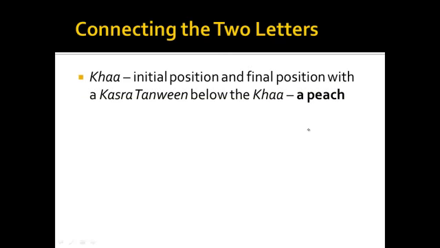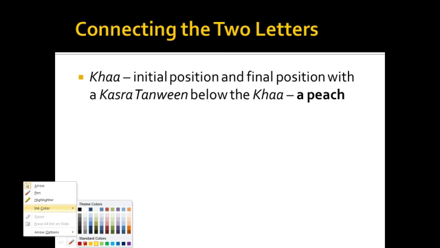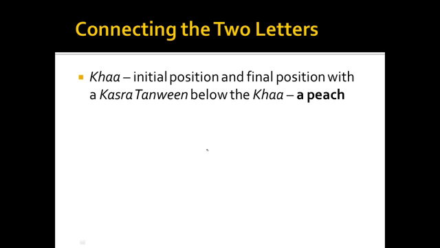Now, let's put these two letters together to form a word. Okay. So we have here the kha. Let's just review really quickly. The kha we have in our independent position. We have it in the initial position.